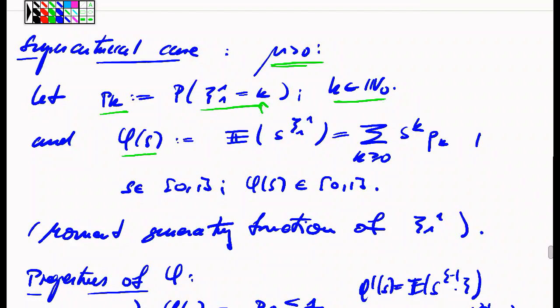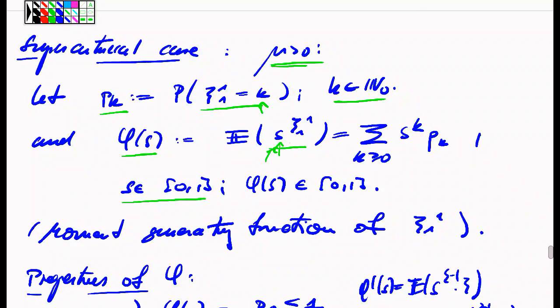And we introduce now this moment generating function for this offspring random variable, which is the expected value of s to the power Xi 1,1, where s is a free parameter. So for any free parameter s in the unit interval, we compute the expected value of that number s taken to the power Xi 1,1, which is just this offspring random variable.